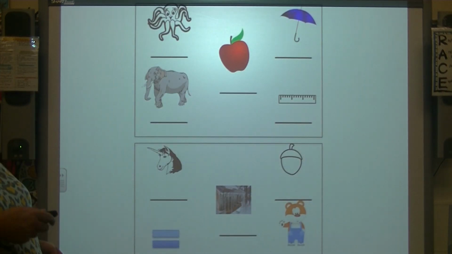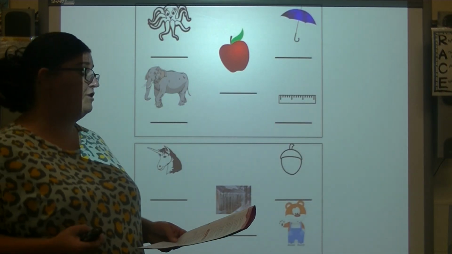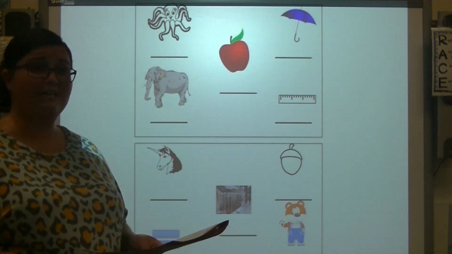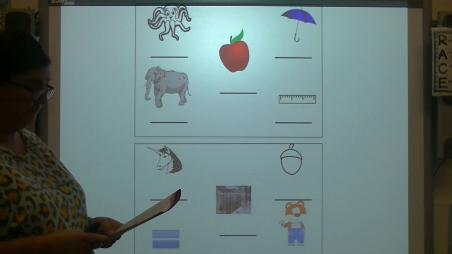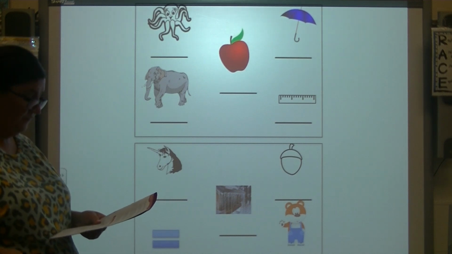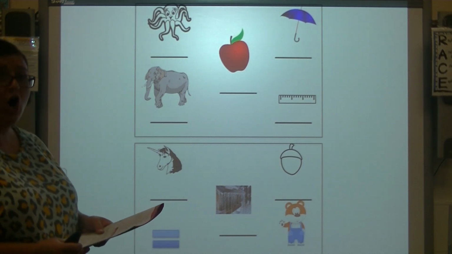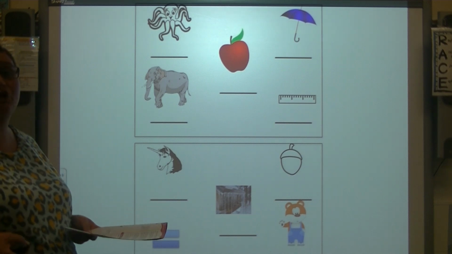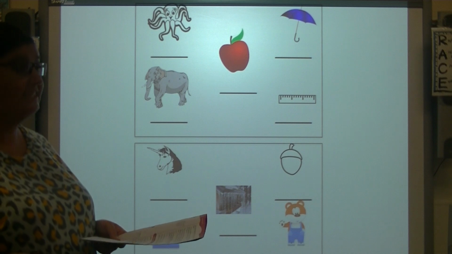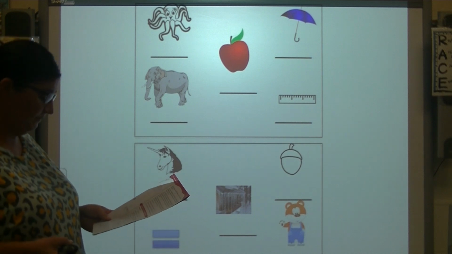All right, you're going to be needing your worksheet in front of you. Mine looks a little different, but as we go through, I will put the answers on the board. All right, on most days you are going to have a worksheet for our lesson. This is going to give you the opportunity or chance to practice what we're learning.